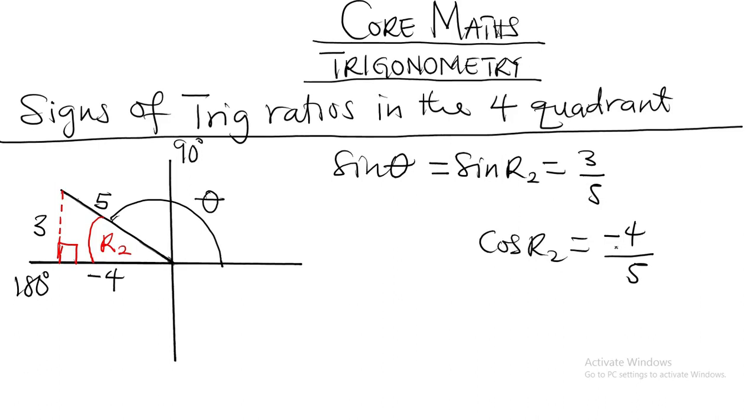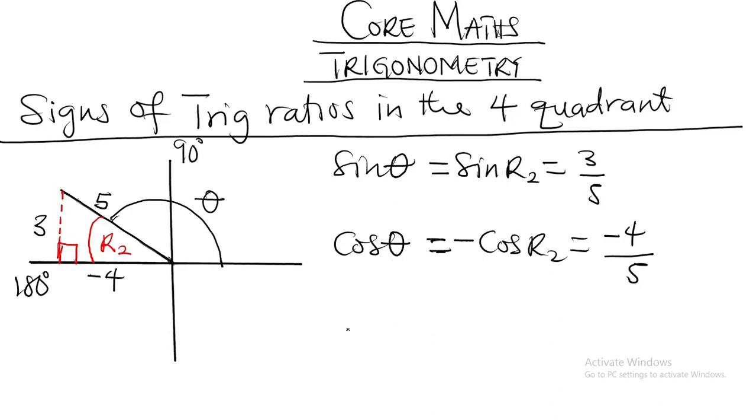But the negative here means that we have to attach a negative to R2. So when we put negative in front of cos R2, it is this which will be equal to -4 on 5. So what it means is that the 4 on 5 is cos R2, and then the negative is just the sign. Okay? Good. And this negative cos R2 is the same as cos theta.